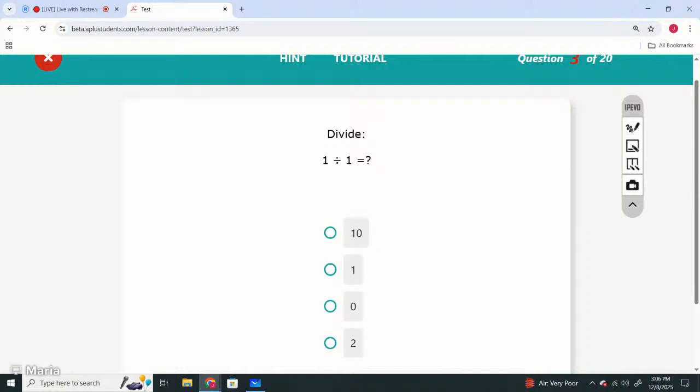Now 1 divided by 1 equals 1. Option number 2 is the correct option.